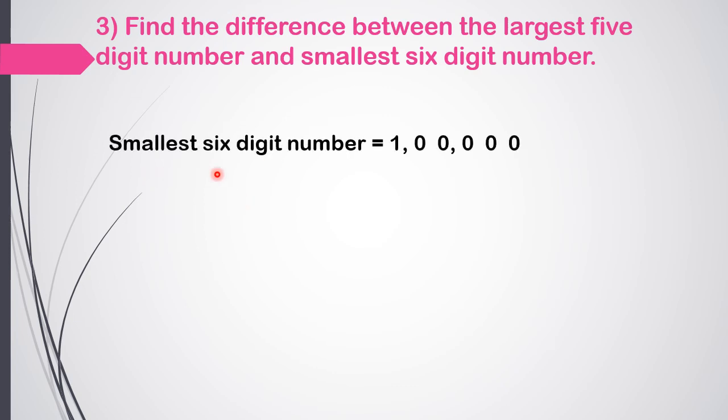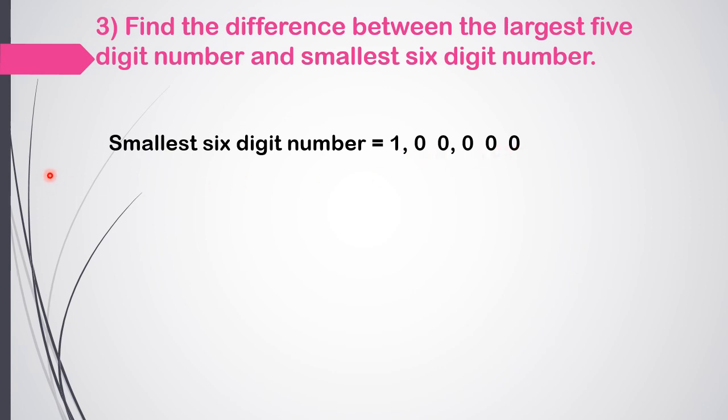Whenever they ask for the smallest 6-digit number, smallest 5-digit number, like that, you can write it easily. Write 1 and the remaining digits are 0. Here 6 digits, so the first digit is 1, then the remaining 5 digits are 0.